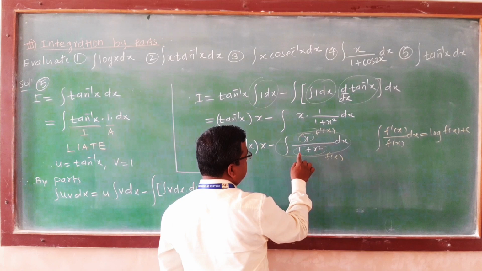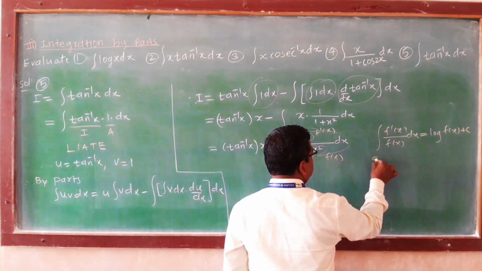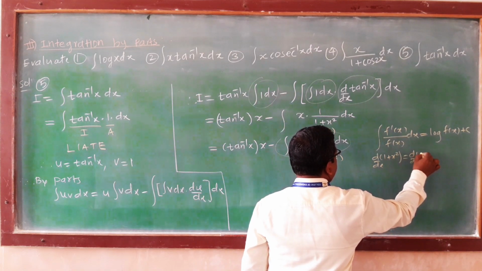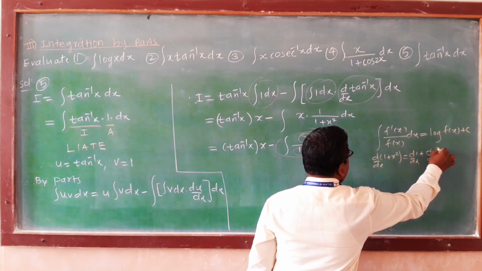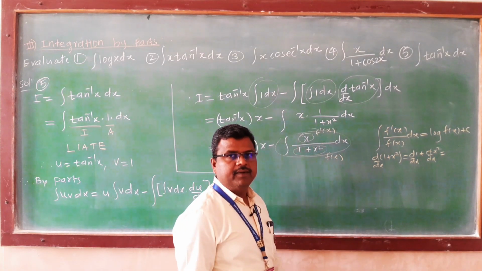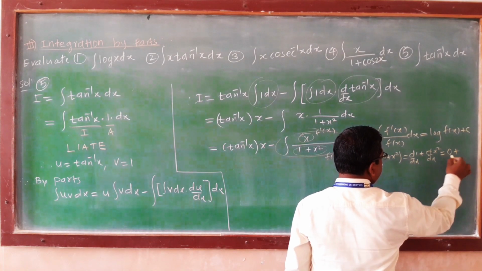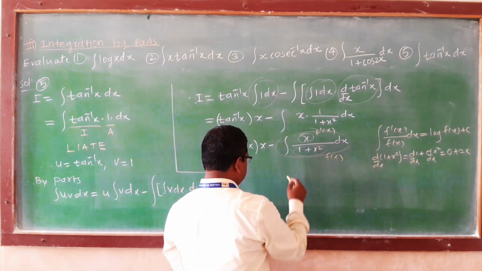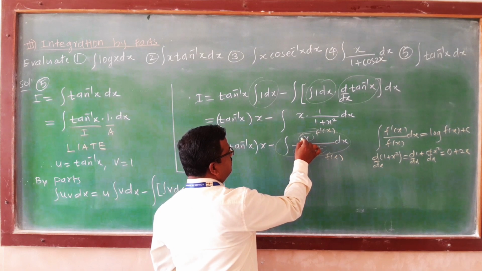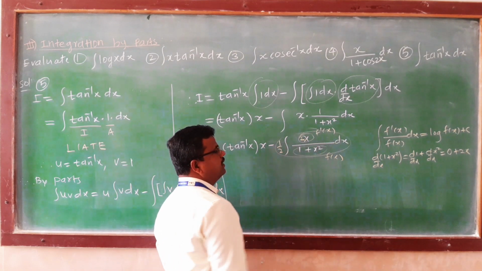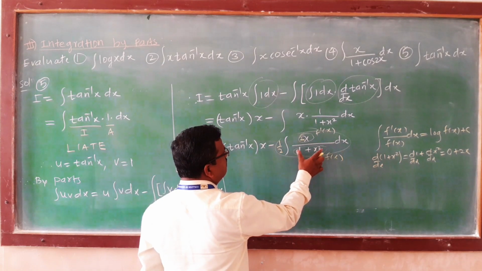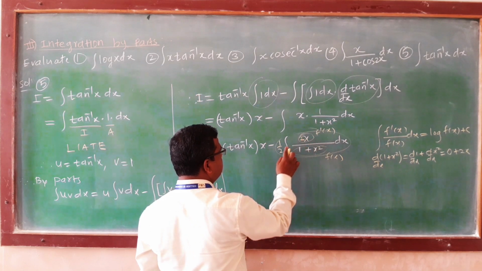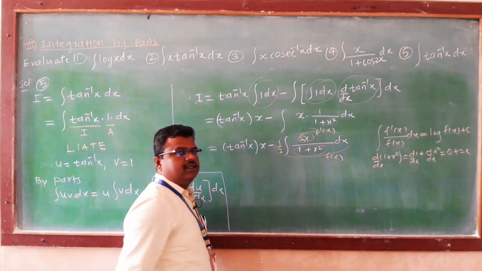To get f dash we have to take the derivative of 1 plus x square: d by dx of 1 plus d by dx of x square, which is equal to derivative of 1 is 0, derivative of x square is 2x. That means if this is f of x, then f dash comes to 2x. So multiply here by 2 and divide by 2. So this is in the form, if this is f then this is f dash. To get this f dash we only have to multiply by 2 and divide by 2, so that there is no change in the value of the integration.